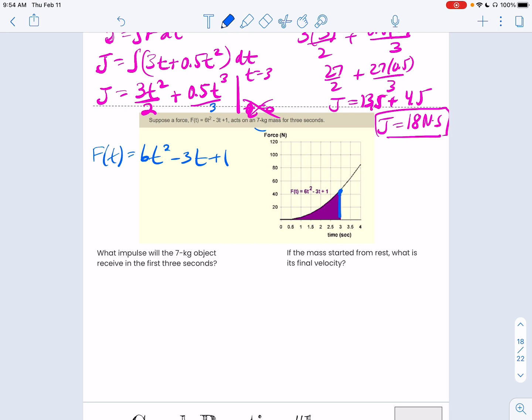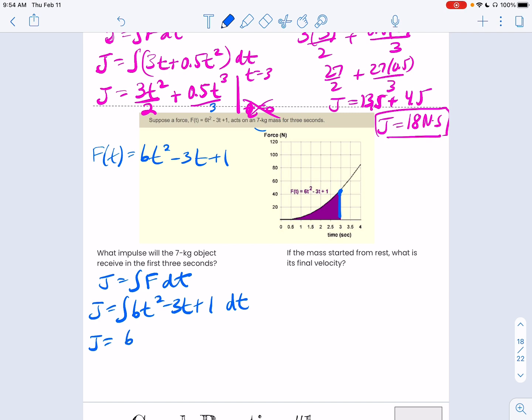So we're basically trying to find this purple area. You could estimate it by counting boxes if you need to, but let's go ahead and solve it. The integral of 6t squared minus 3t plus 1 dt. Again, I'm going to reverse the derivative.